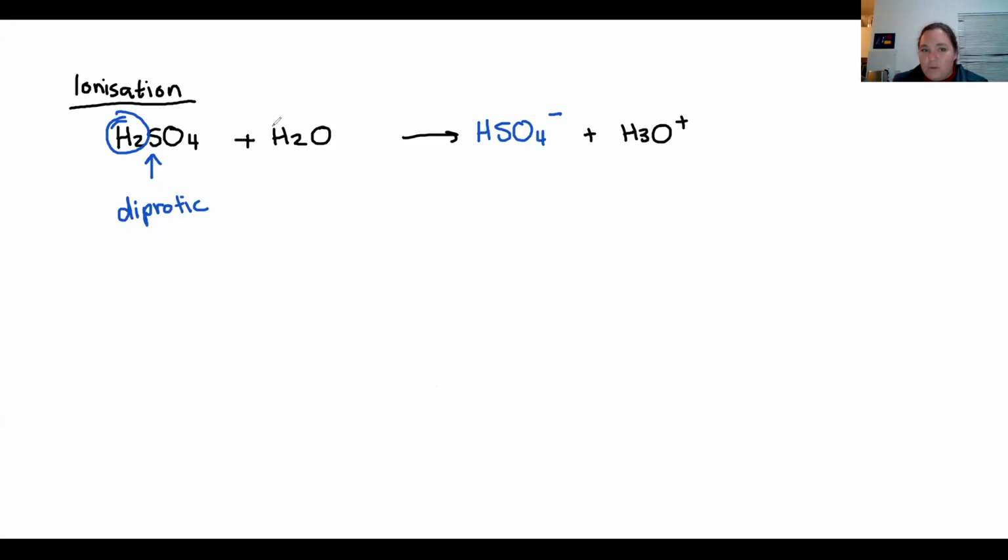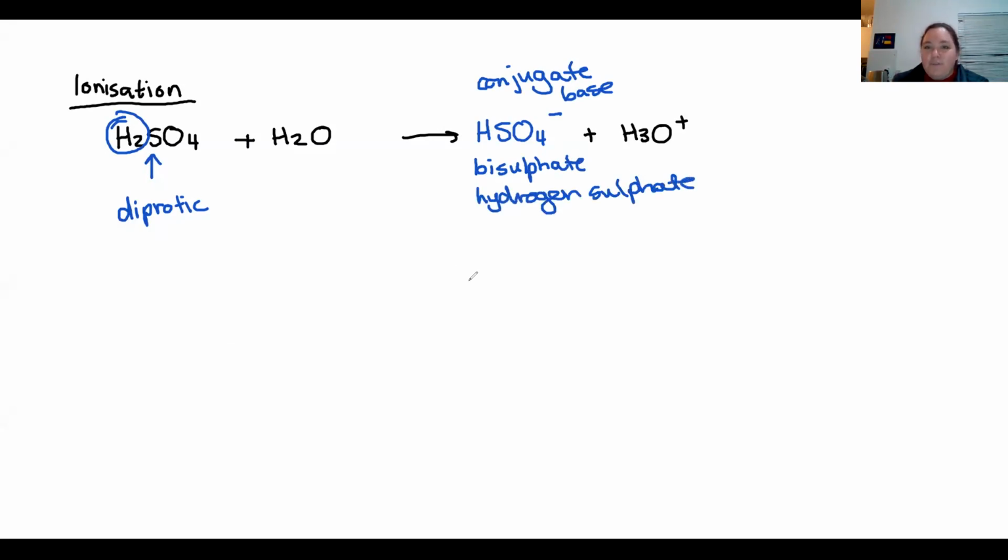Reaction of the acid with the water produces our conjugate base. Please note its name is bisulfate, or you could call it hydrogen sulfate. It has a special name. That is the first step here.